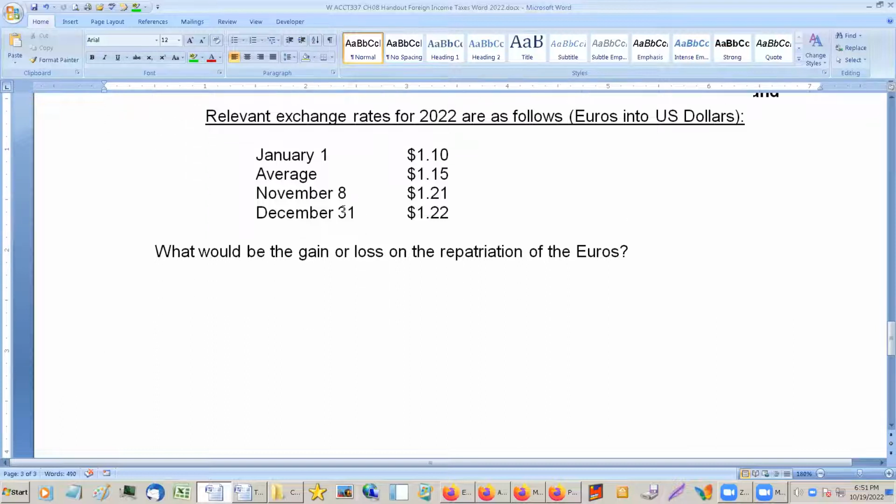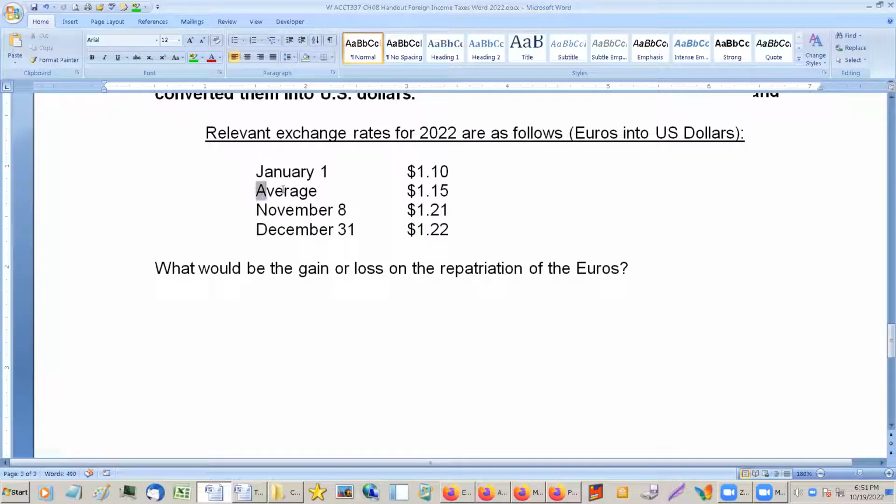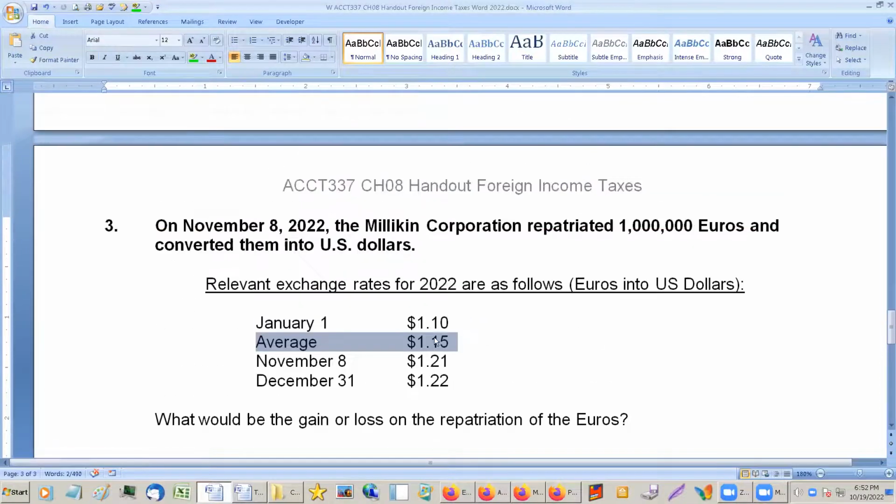Well, notice that on average, if you talk about money coming in throughout the year, the rate would be 1.15. So anything that's in your income statement would be translated at that $1.15.